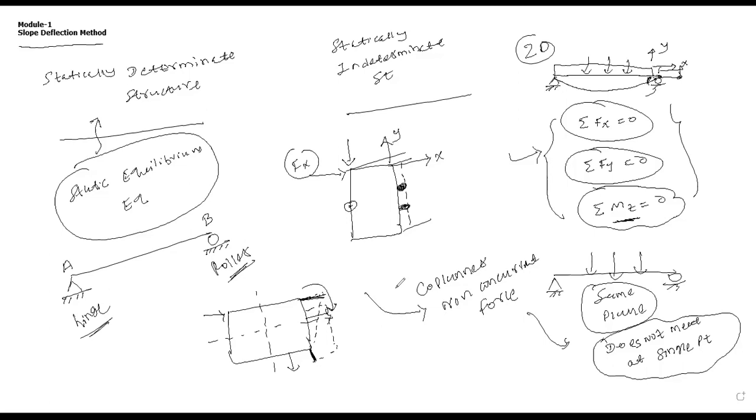Write in the chat box like this: hinge dash reaction, roller dash reaction. Okay, so for a hinge support basically 2 reactions, and roller support basically 1 reaction. So this is the symbolic representation of a hinge support: 1 reaction vertical, another reaction horizontal.